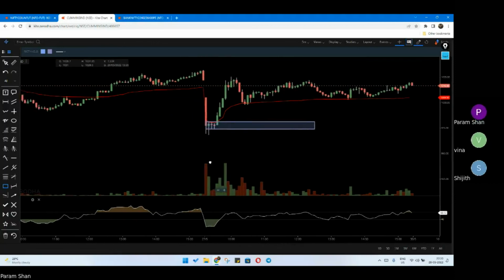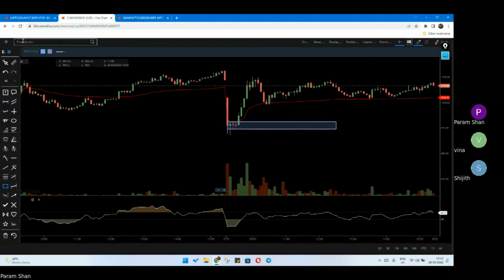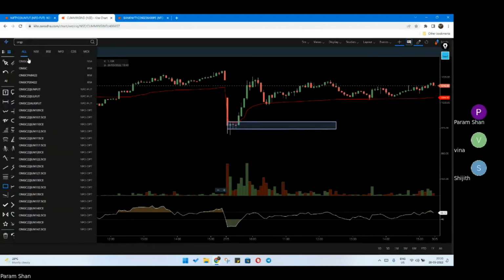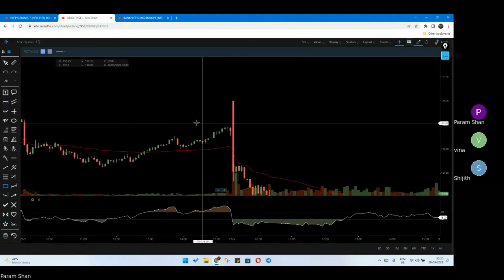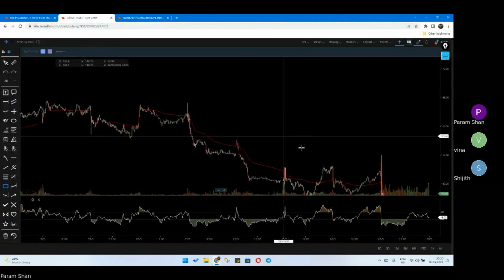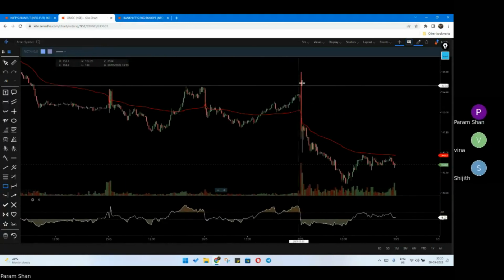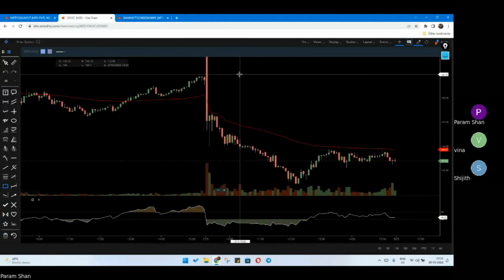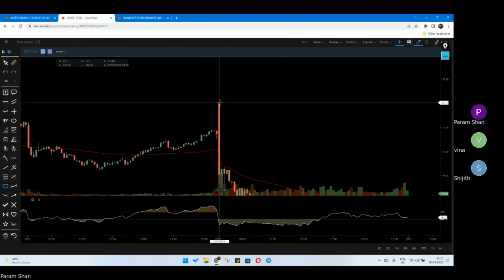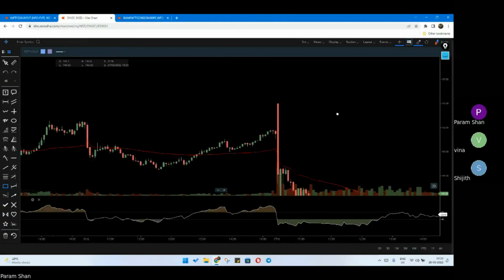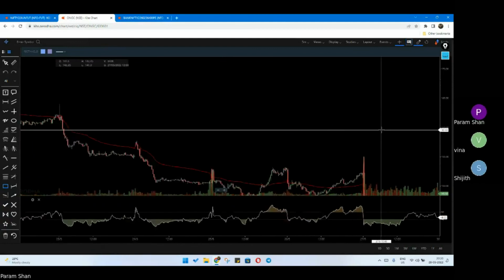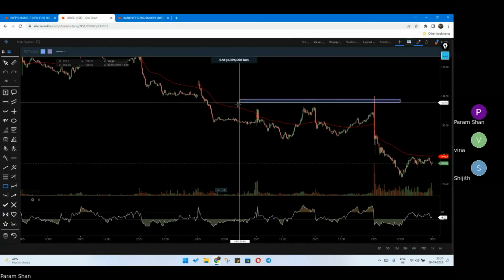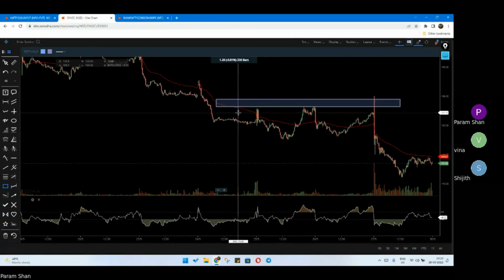But ONGC, see, one more thing you can see as a difference. ONGC had a gap up and then open equals high. But the Cummins had a gap down, open equals high. When ONGC had this gap up, it was at the resistance zone, and it fell.